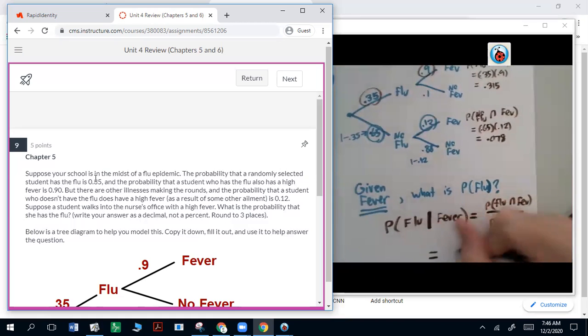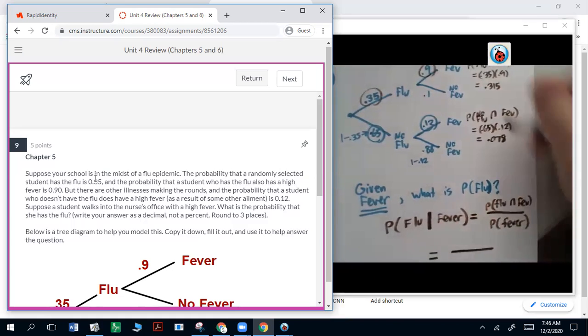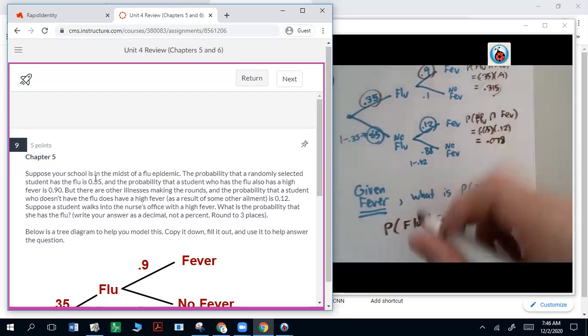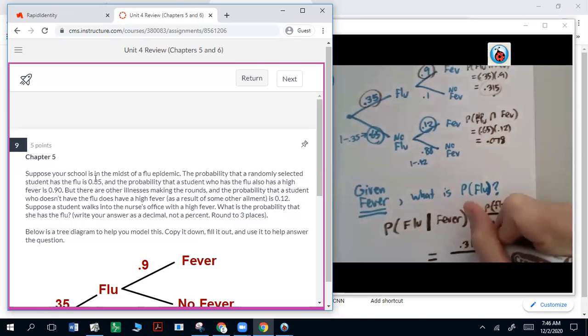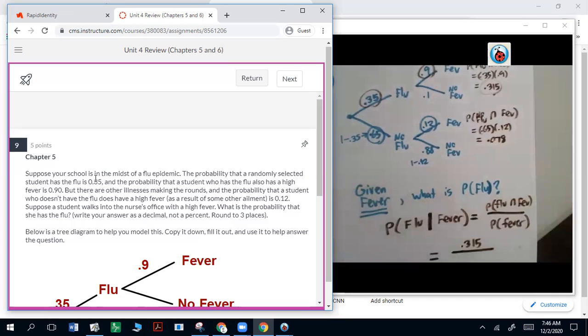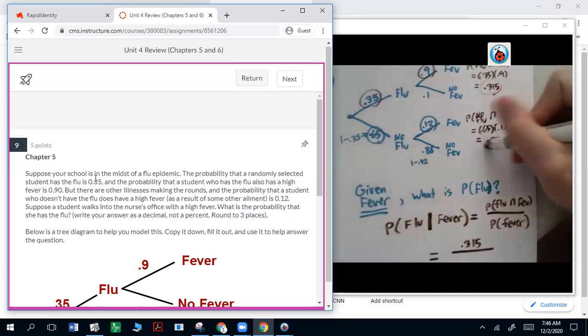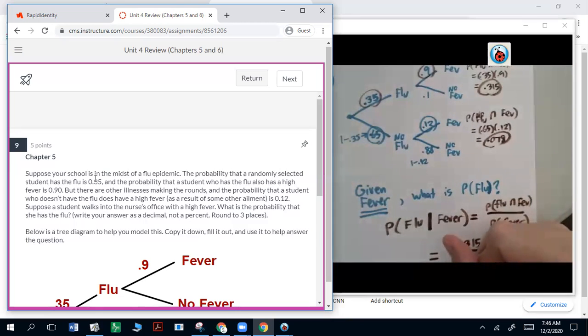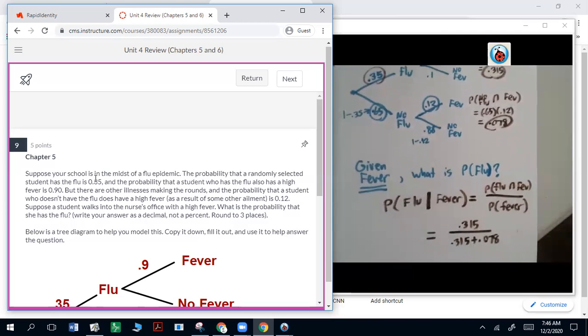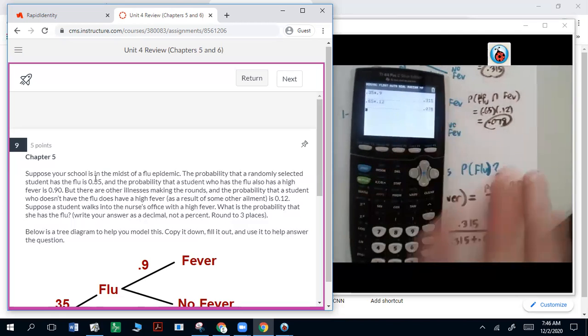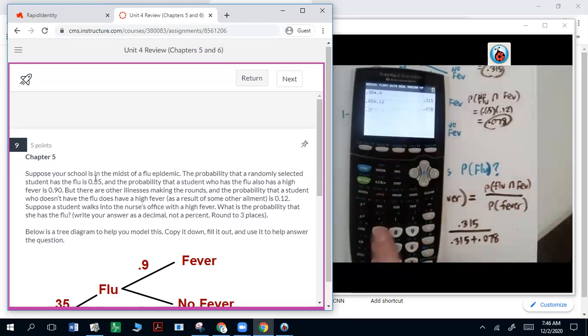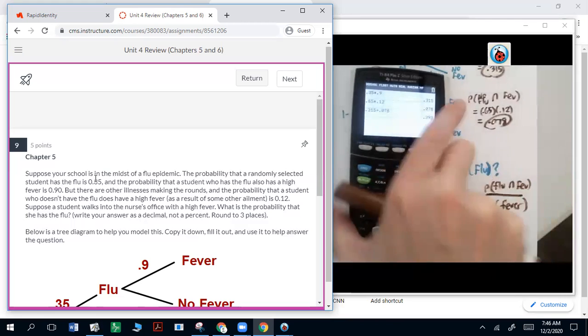So that's going to be the same, flu and fever, 0.315. And we're going to divide that by the combined fever groups. So 0.315 plus 0.078, and that's 0.393.